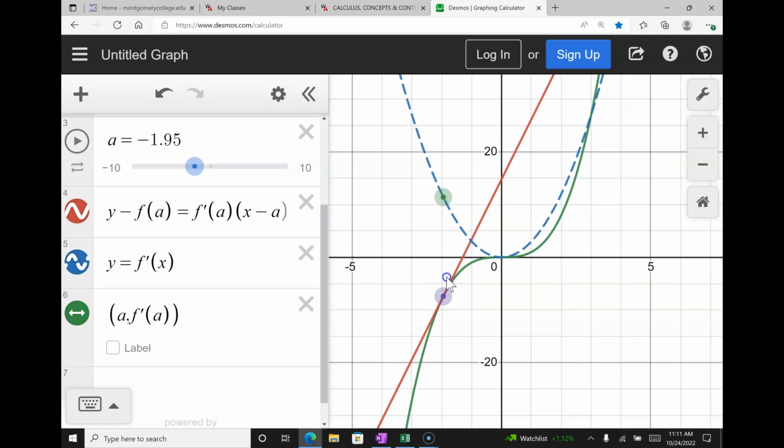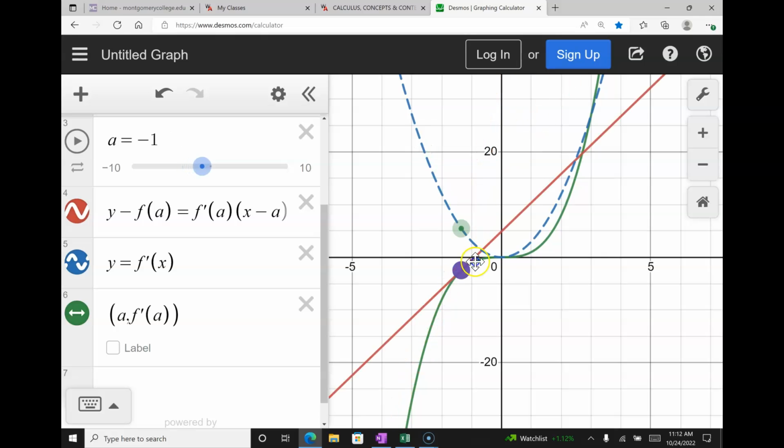You see that? The height of the derivative is the value of the slope on the tangent. So what we're noticing about this original function is it's increasing, and that means the derivative will be positive. I've got positive slopes, my function's increasing, and the derivative is positive.